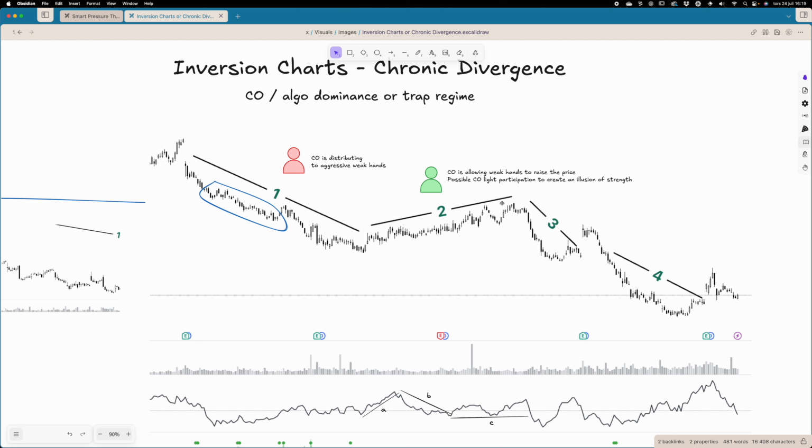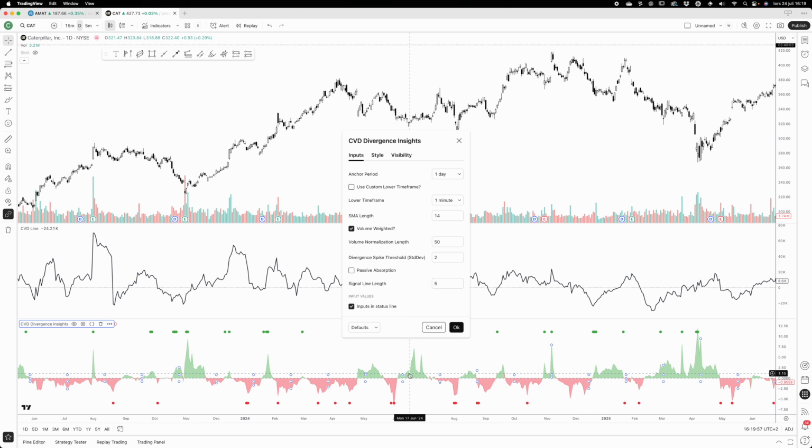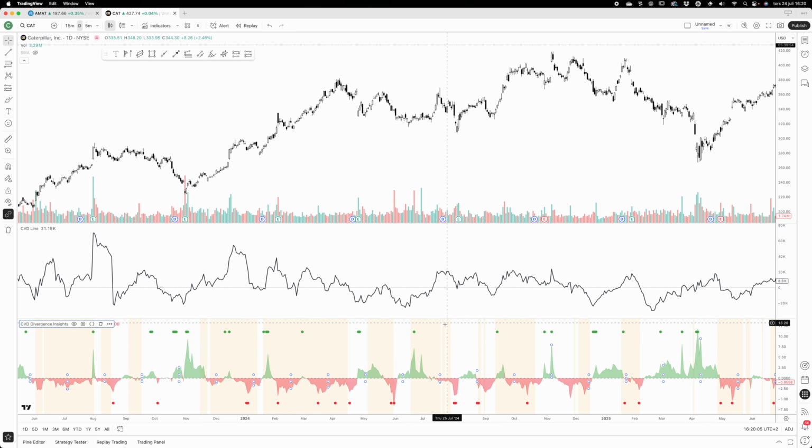I tried to implement a detector for this inside the insights indicator. Let's switch over to TradingView and go into the insights indicator, where there is an option called passive absorption. If you turn that on, it will color areas that have very consistent divergences in them with yellow.